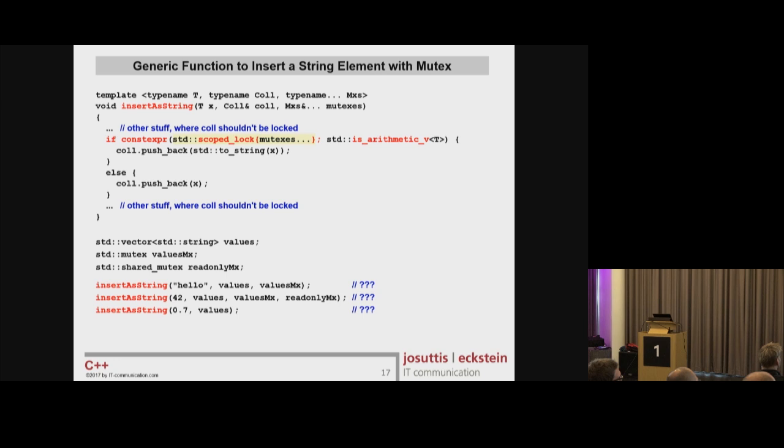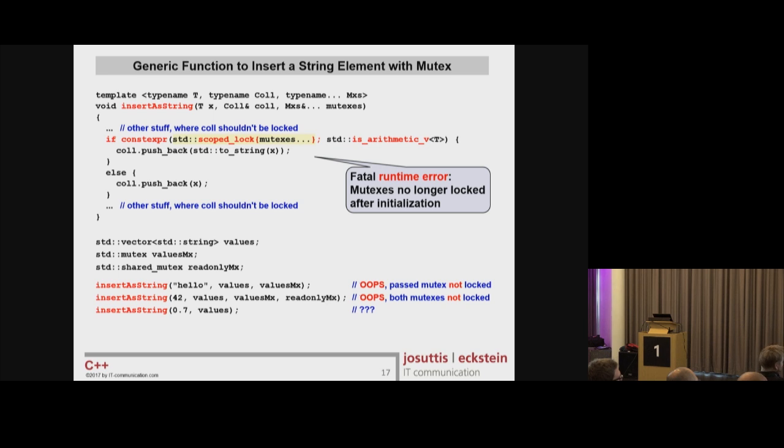So even before the condition, this log will be unlocked again. And there's no compile time error on that. It will just not log, and probably at runtime in production create some interesting issues. So don't do that. That's a fatal runtime error. Please give it a name, and that's it.